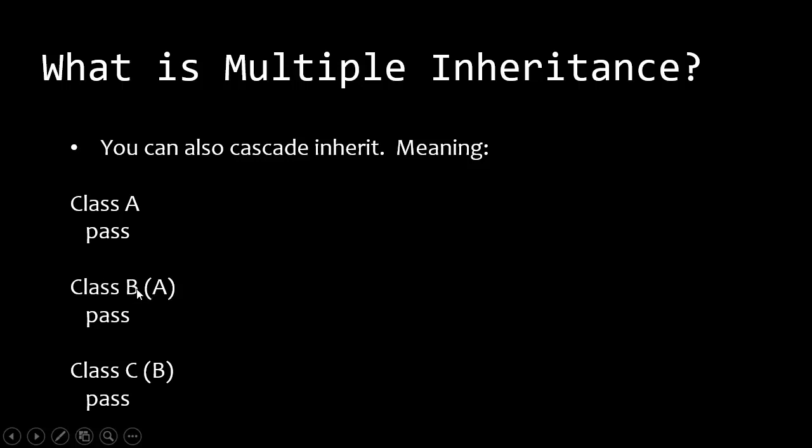Class B is the child that inherits A. Class C is the child that inherits B. By doing this, C now will have A's attributes and behaviors, and then it would also have Class B's attributes and behaviors if we had any. I just put pass in there. This says right now it's not doing anything, but I can fill all those things up with attributes and behaviors or methods, and basically all of that would be inherited into C.